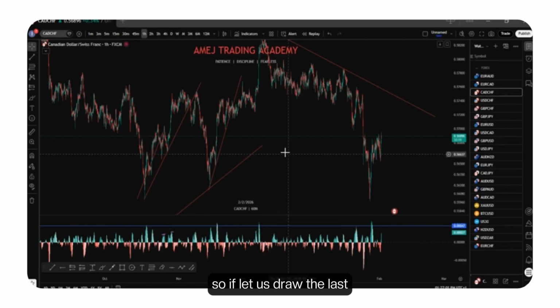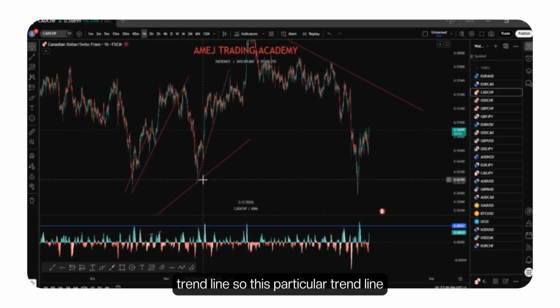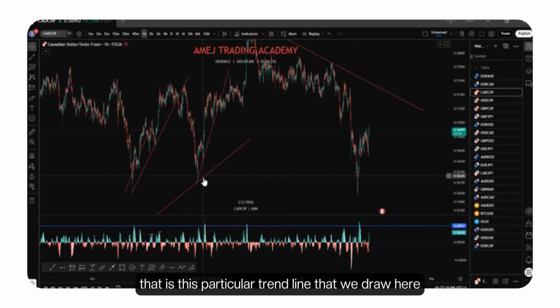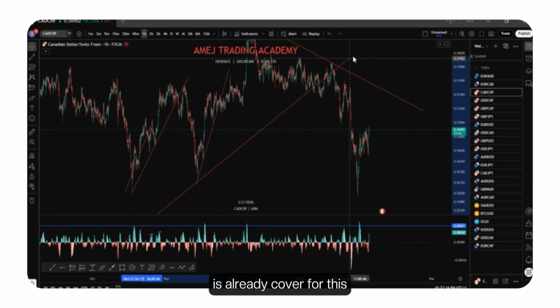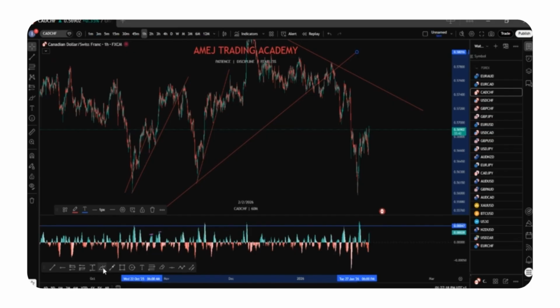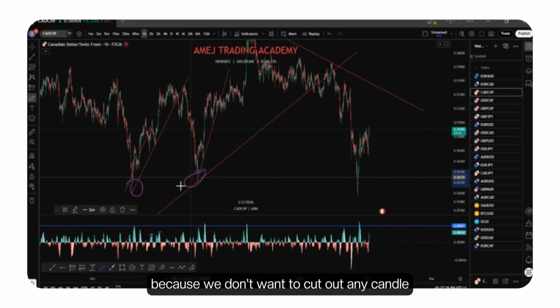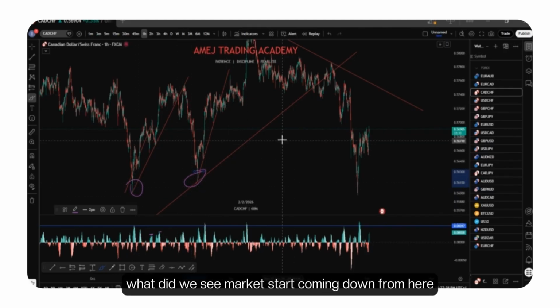So let us draw the last trend line. This particular trend line that we draw here already covers this our lower low that is here, and this our lower high that is here, because you don't want to cut out any candle. What did you see?